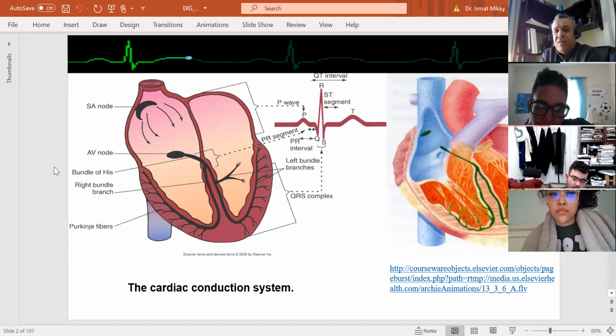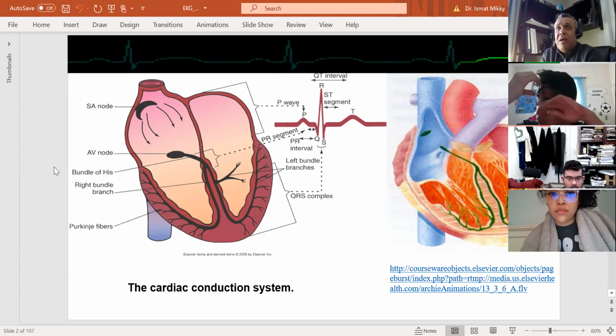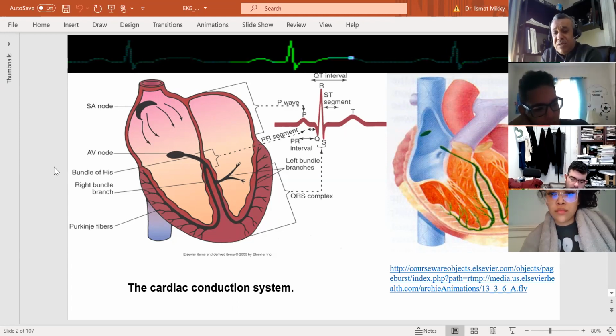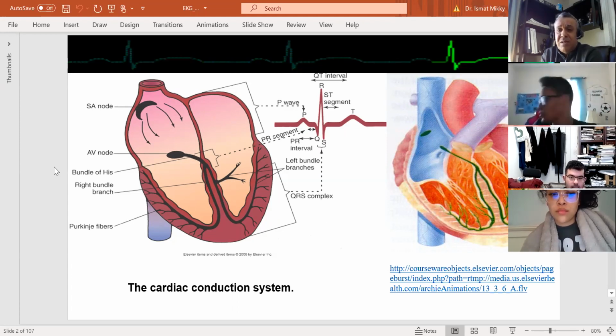So in order for the heart to pump blood, all four chambers, the right atrium, left atrium, right ventricle, and left ventricle, need electricity to contract. That electrical impulse should precede the mechanical outcome, which is the contraction.